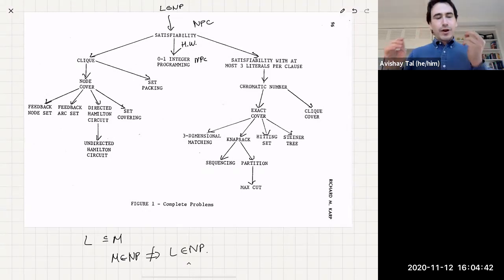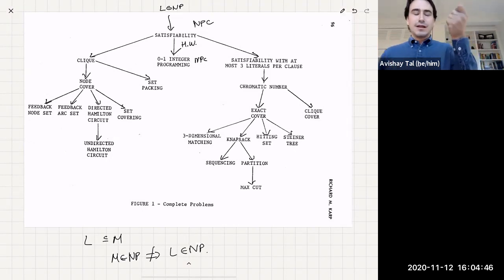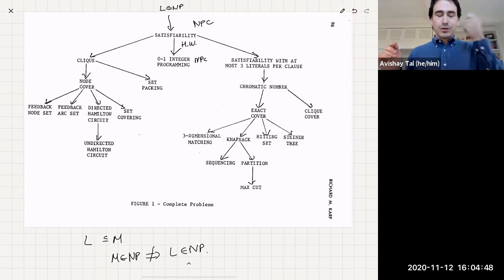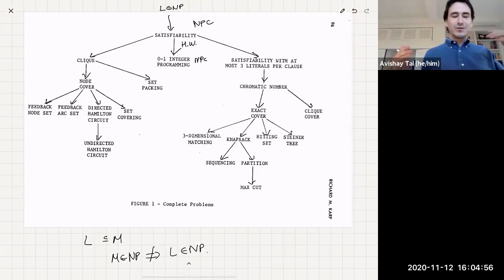The reason is that for NP, we really care about proving that things are in the language. We don't know how to prove that things are not in the language. So if we can flip the answer from the algorithm, then we can suddenly also decide whether things are not in the language.